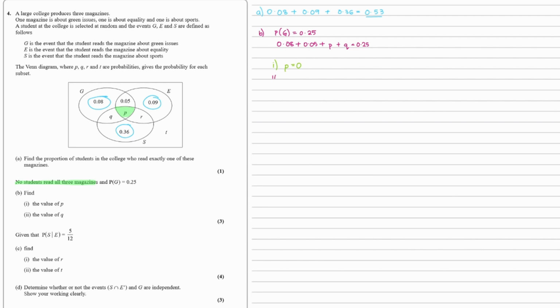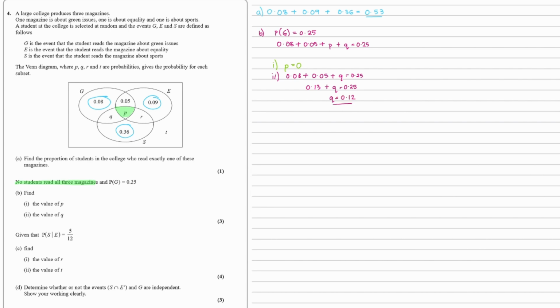For part 2, we can then substitute P into the equation that we've made previously, which is 0.08 plus 0.05, and because P is 0, we can now eliminate that and just write it as plus Q is equal to 0.25. We can simplify this and write it as 0.13 plus Q is equal to 0.25, and therefore Q would have to be equal to 0.12.